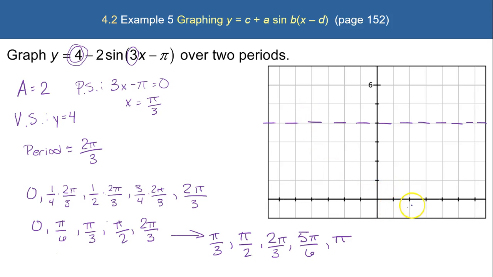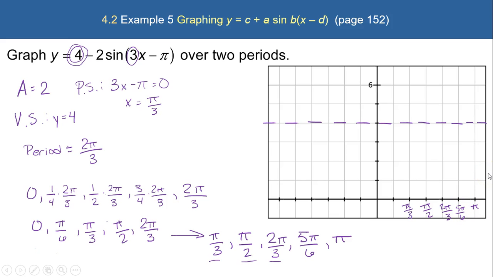Let's call this pi over 6, and this will be pi over 3, pi over 2, and 2 pi over 3. Just going in order from here to here. 2 pi over 3, and 5 pi over 6, and pi.